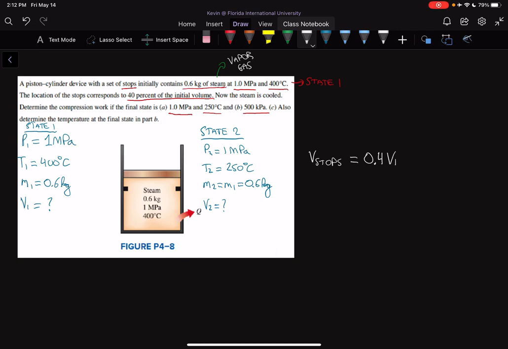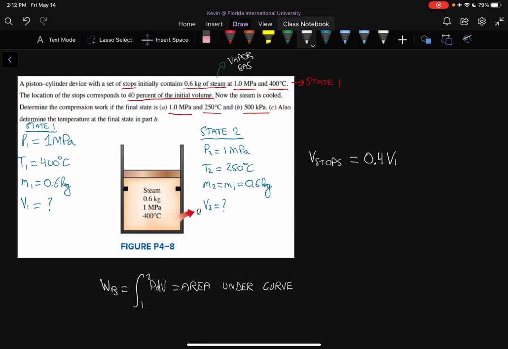Therefore, we have to find work boundary is equal to the integral from 1 to 2 of PdV. We have to find the area under the curve.